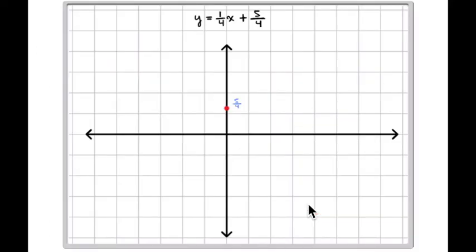So let's continue with this. Let's look at that x-intercept and how we can reason through that just a tiny bit more. So what we have is a slope of 1/4, and the y-intercept is 5/4. So you go up here to 5/4, and the slope is 1/4. What that means is that for every unit in the positive direction, you're going to go up 1/4 of a unit in the vertical direction.